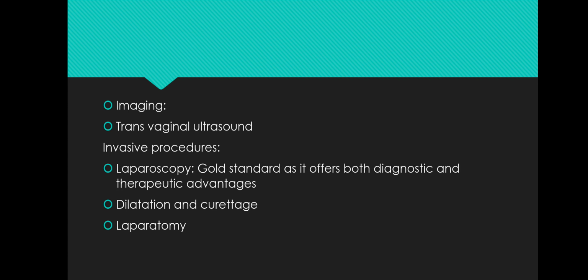Then imaging, you may also want to do a transvaginal ultrasound, and other invasive procedures may include laparoscopy, which is the gold standard as it offers both diagnostic and therapeutic advantages. So laparoscopy is the gold standard for what? Both diagnosis and treatment. Then you can also do a dilatation and curettage, and in extreme cases you can also do laparotomy.